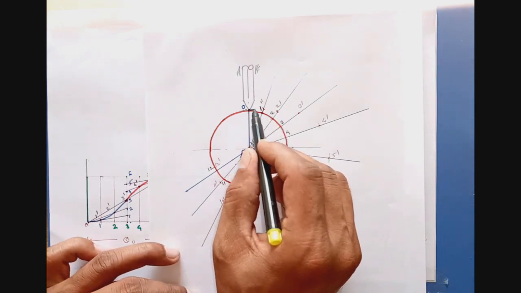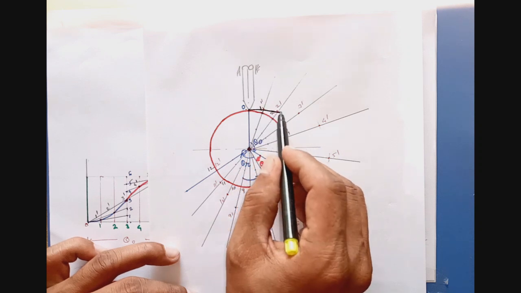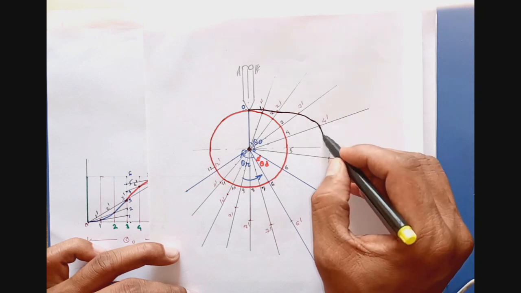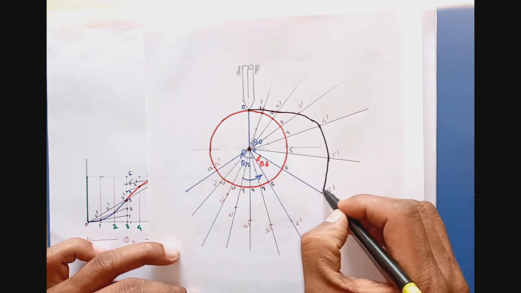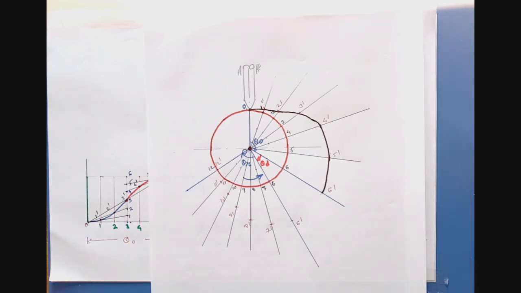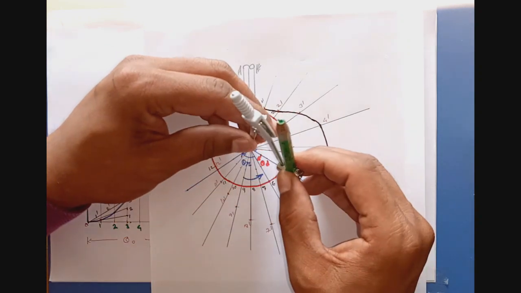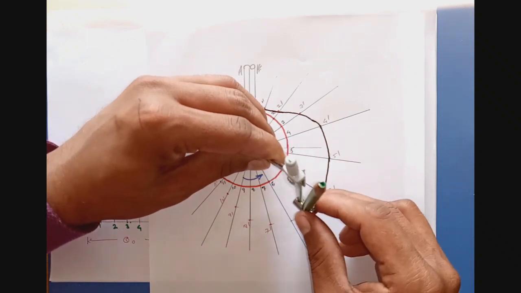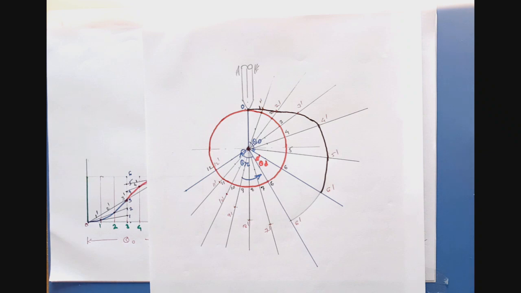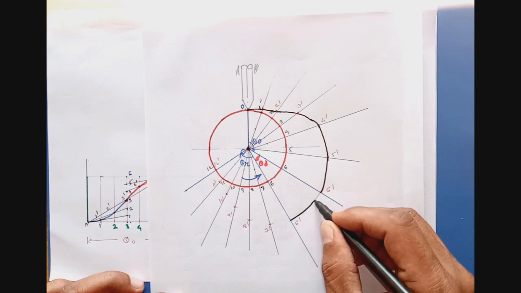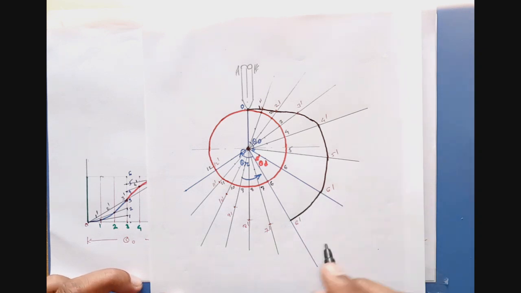So start from 0, 1 dash, 2 dash, 3 dash, 4 dash, 5 dash, 6 dash. 6 dash to 6 dash is the dwell period, which means that it must be a circular arc. In the portion of the dwell period, the cam surface is always a circular arc with center at the cam rotation center.